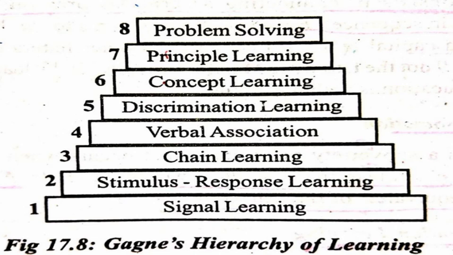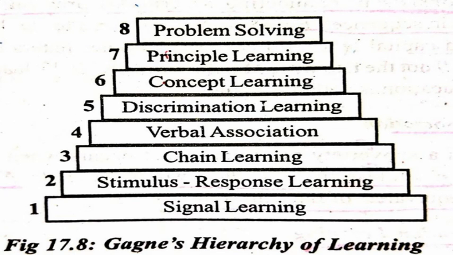Please check it out. First, it starts with signal learning, and the second step is stimulus response learning, SR learning. The third step moves on with chain learning, and afterwards comes the verbal learning method, and the fifth relates with discrimination learning, and the sixth step relates with concept formation, and with concept formation the seventh step relates with principle learning.